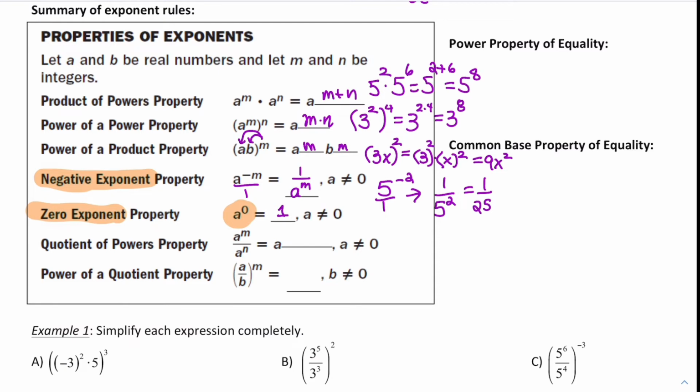Okay, moving on. If we have a base raised to the power of m, and it's divided by that same base raised to a different power, let's say n, that would be the rule where we have the same base, so we just write the base once, a, and its power is going to be the difference of those two powers, so m minus n, subtraction.